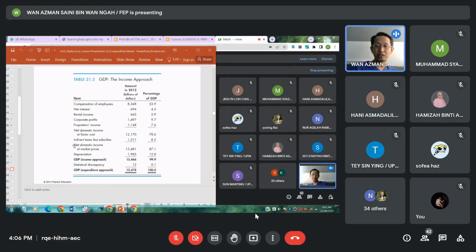Because this is net, and GDP is expressed in terms of gross, we need to estimate this first. This is through estimations. We need to estimate the amount of depreciation during the year. According to this number, it is almost 2 trillion for the US for the year 2012.